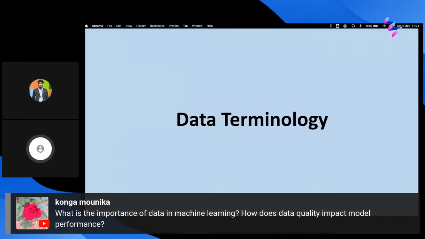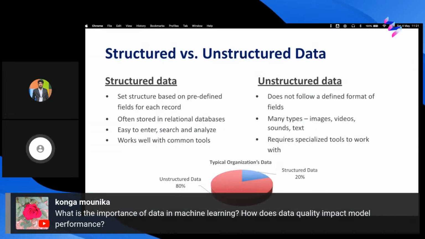Okay, so let us now understand some of the data terms which ML managers or people who are beginning in ML must know about. So let's see, first is structured versus unstructured data. With structured data, we mean data which is based on predefined fields for each record, and it is stored in relational databases.